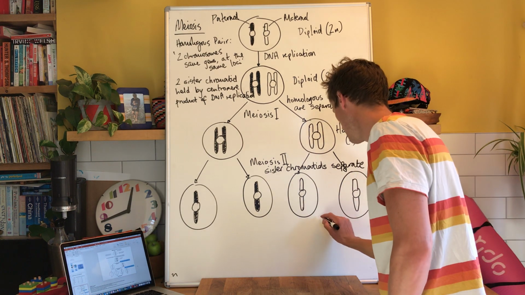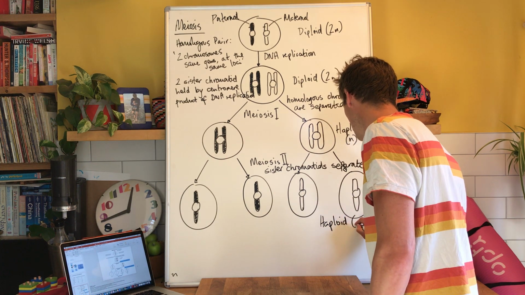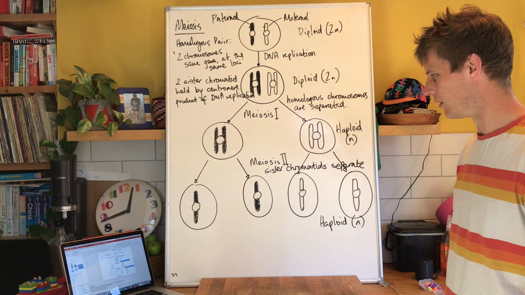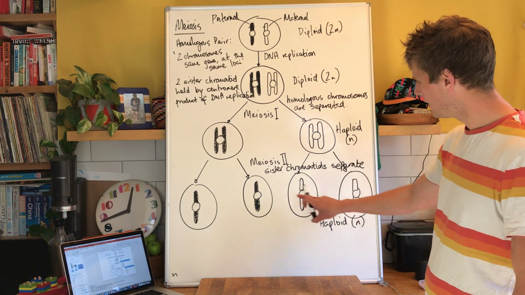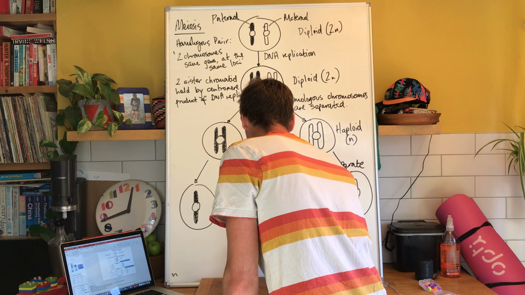They must all be haploid, or N. These haploid cells that we have at the end, these are the gametes.